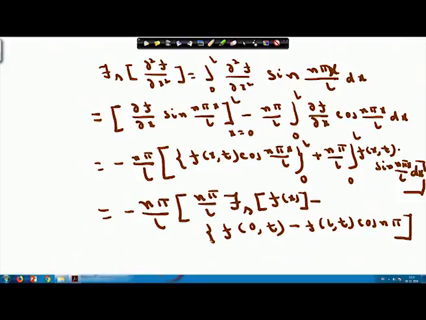Therefore, the Fourier sine transform of del square f by del x square equals minus n pi by L into n pi by L Fourier sine transform of f of x, minus f of 0 t, and by putting the limiting value, f of 0 t minus f of L t into cos n pi, this will be vanishing.